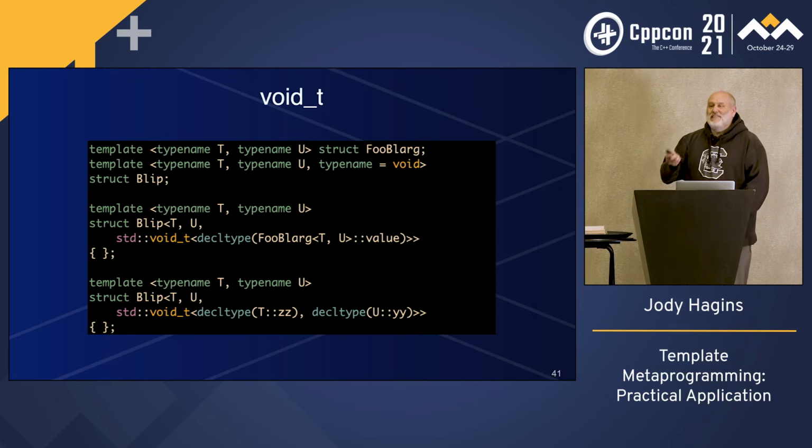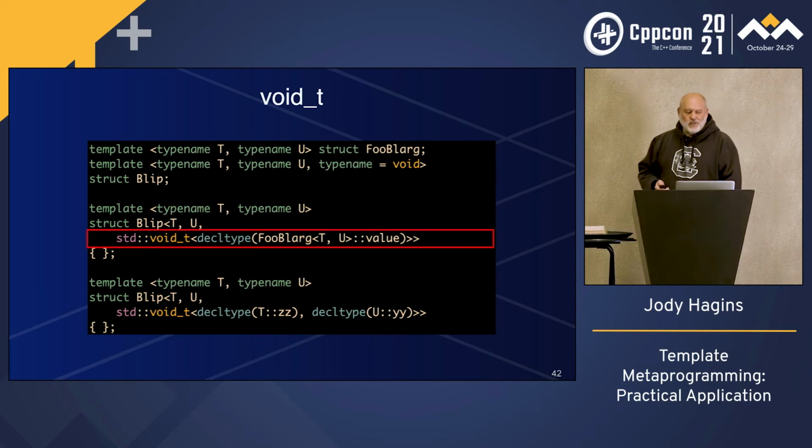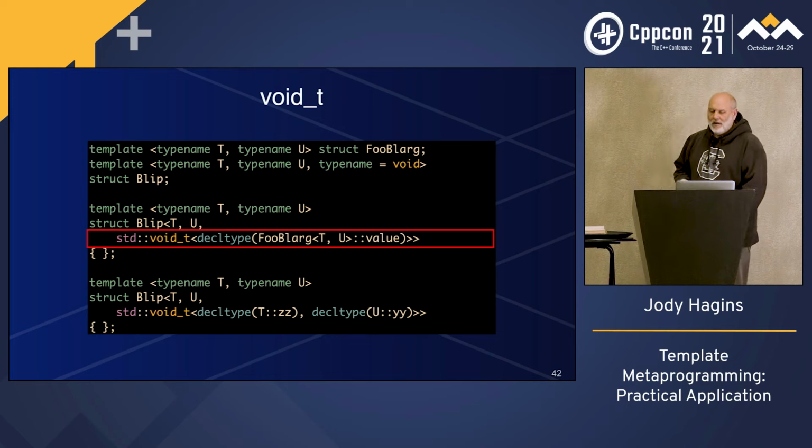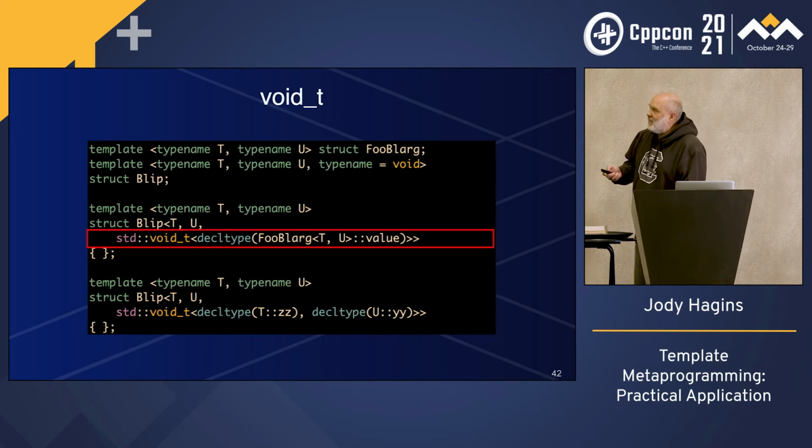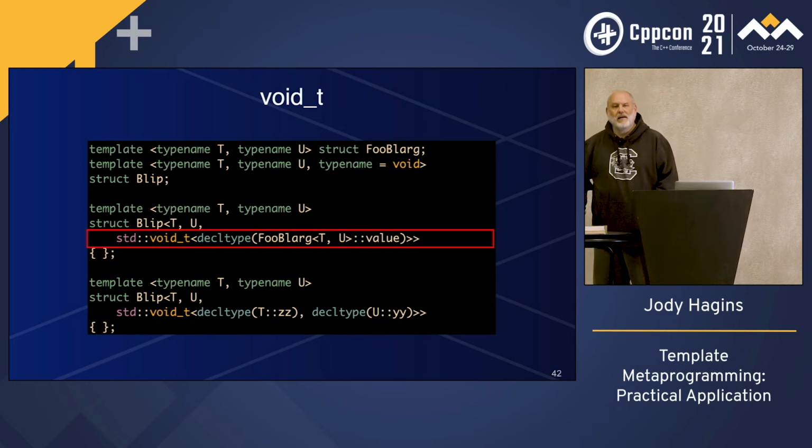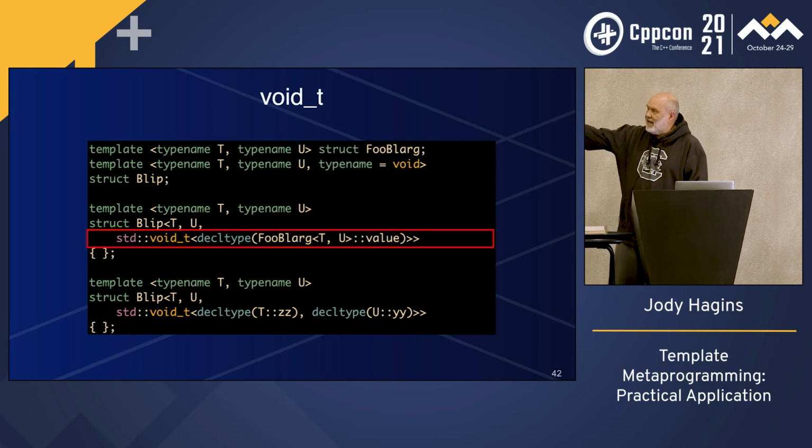It's almost identical to the example in Dr. Brown's original presentation. Okay, so this was the intent. The first is when foo blarg with T and U have a static value. Okay? So this one will be enabled if foo blarg of T and U, if that class has a static value.